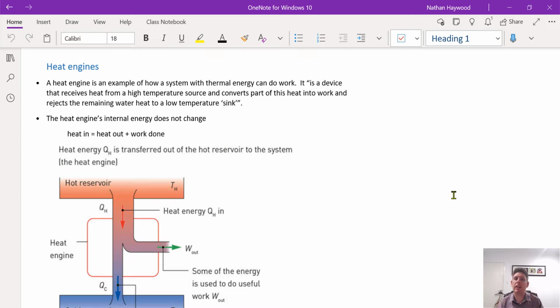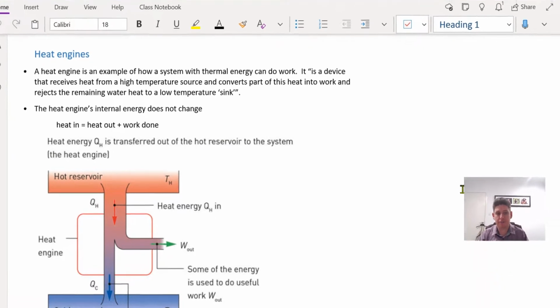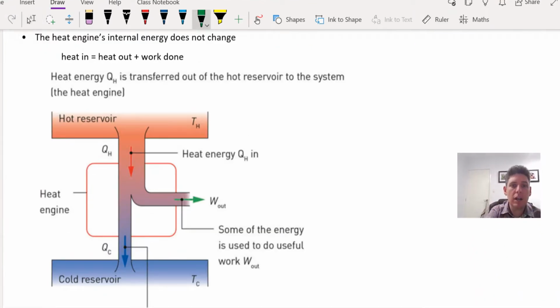And that's the whole point of the heat engine, converting the heat into work. It rejects the remaining waste heat to a low temperature sink. This equation here is quite important. The heat in is equal to the heat out, QC, plus the work done.